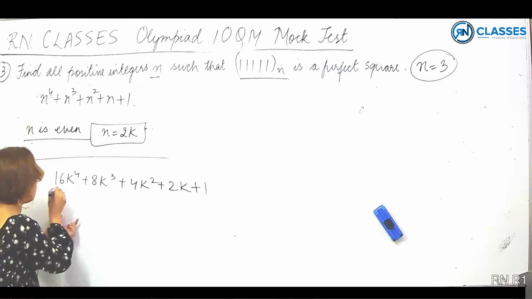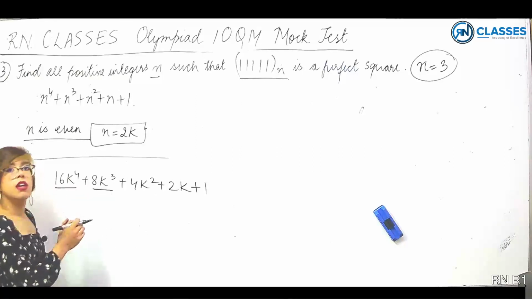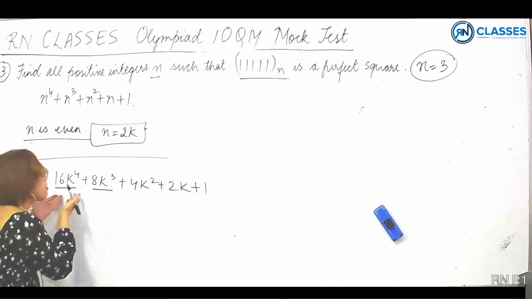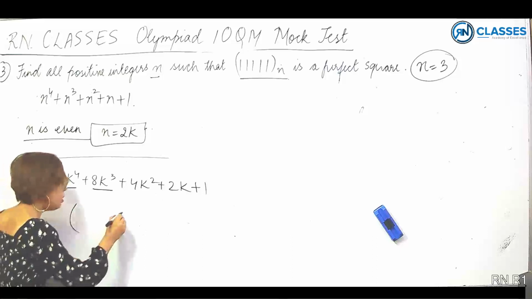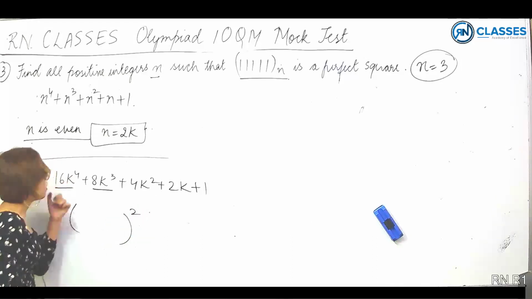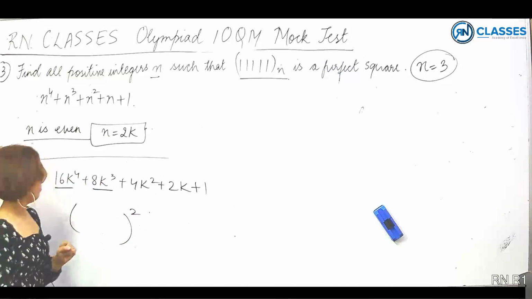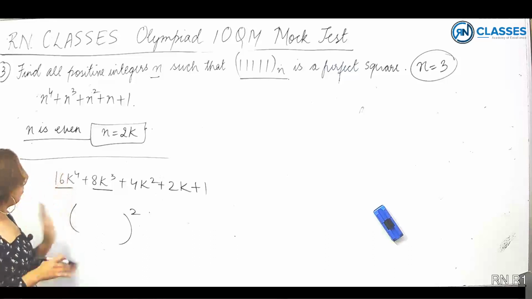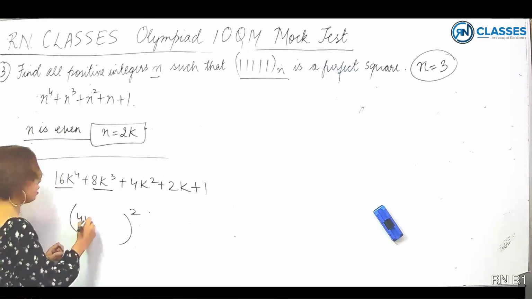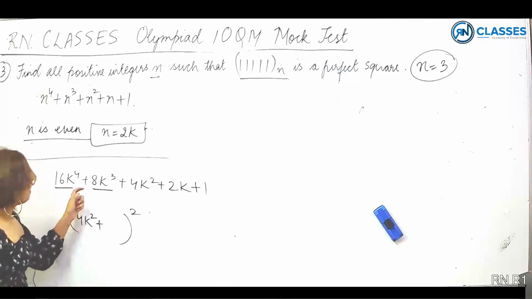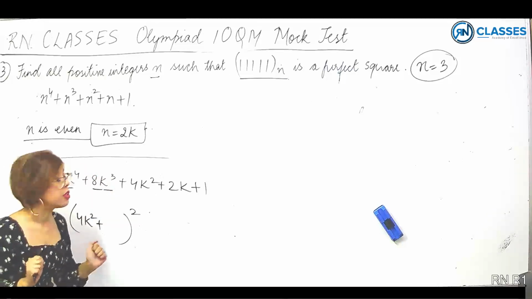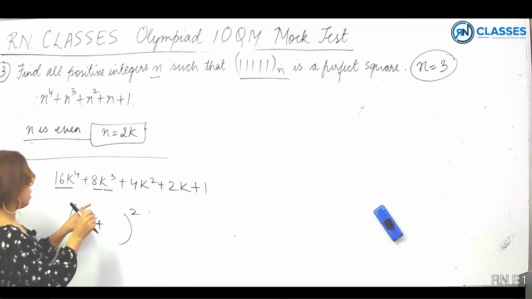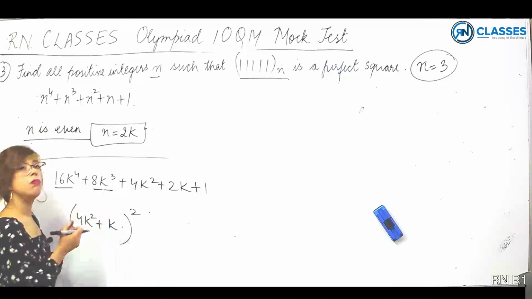Right? Now which perfect square will this polynomial be near to? Let's see. For a polynomial near to it, at least I keep the first 2 terms the same. So think about a polynomial in which this term occurs and this term occurs. Now 16k raised to 4 is itself a perfect square, so that means we put 4k square. Plus, now this is 8k cube, which is not a perfect square, so it comes from the 2ab term. I need 8, so I put k here.